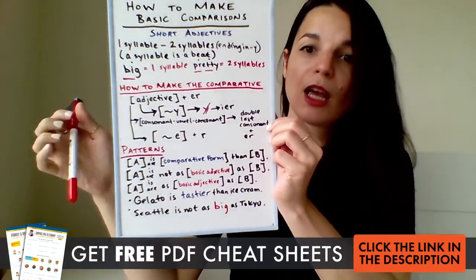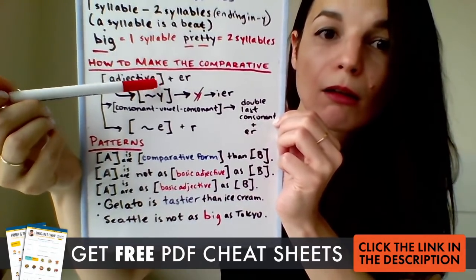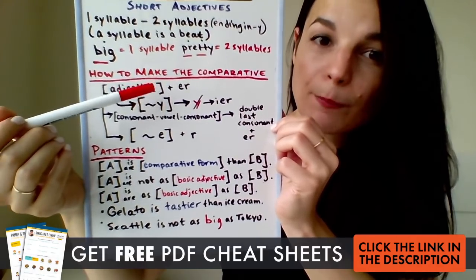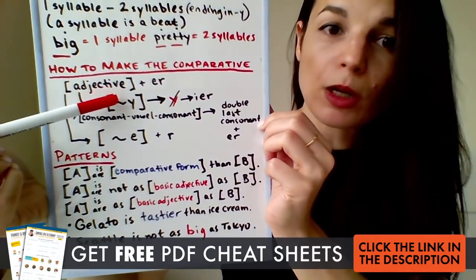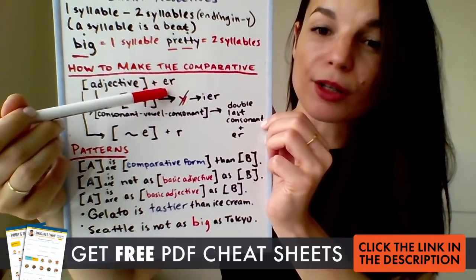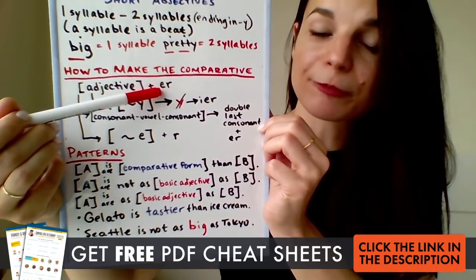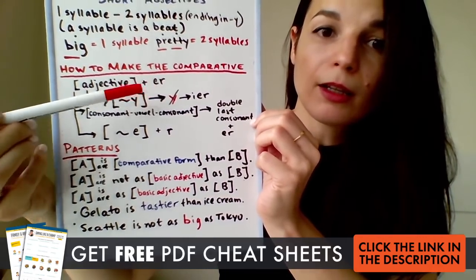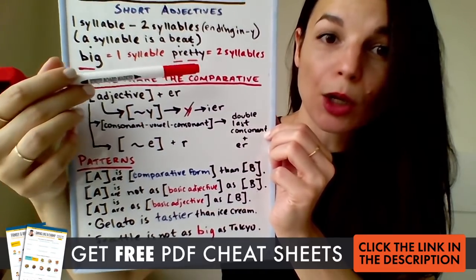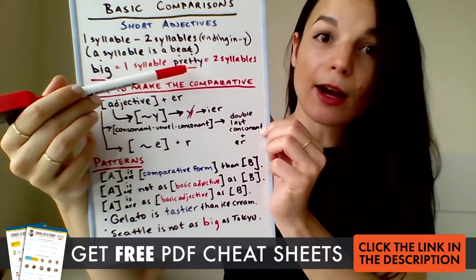So, how do we make the comparative form with these? The basic way to do it, we use the adjective plus ER. We add ER to the end of the adjective. Okay? If the adjective ends in Y, like pretty, the sound is the same.